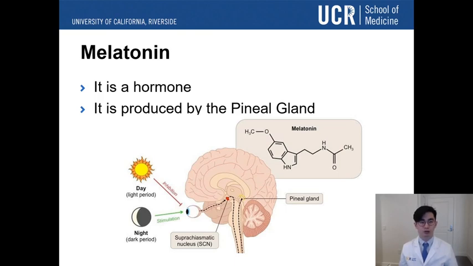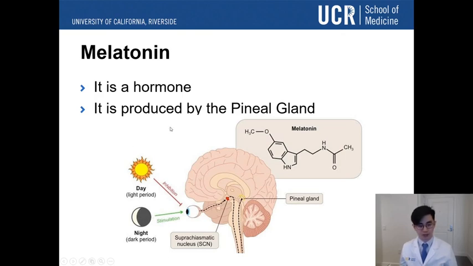So where's melatonin's role in this? Well, a little bit more about melatonin. It is a natural hormone. It is produced by our body in the brain in a small gland called the pineal gland. And as you can see from this figure, its production by the brain is influenced by either the light period, the daytime, or the dark period, the nighttime.